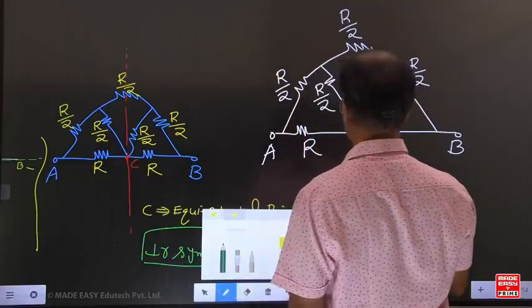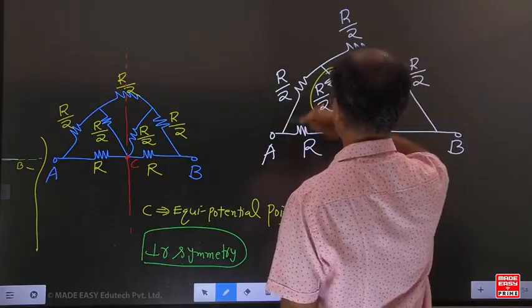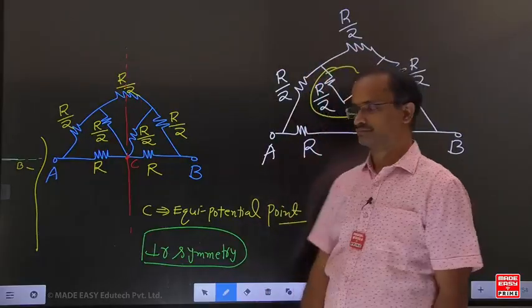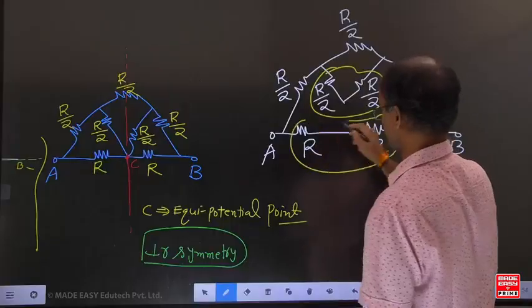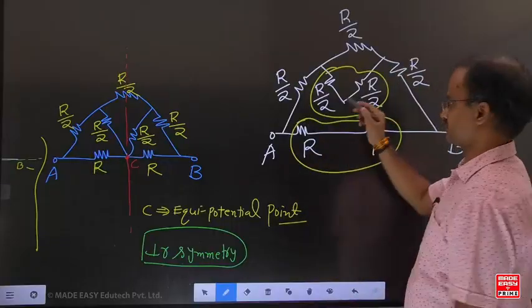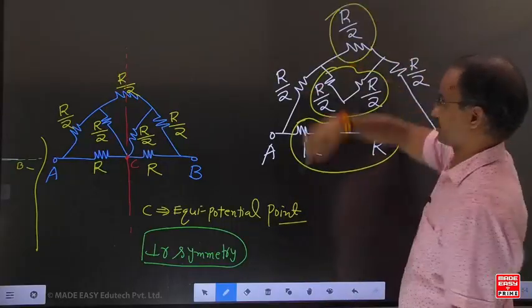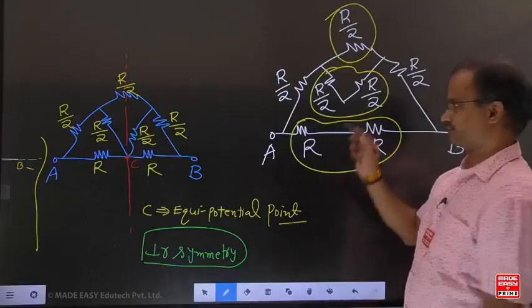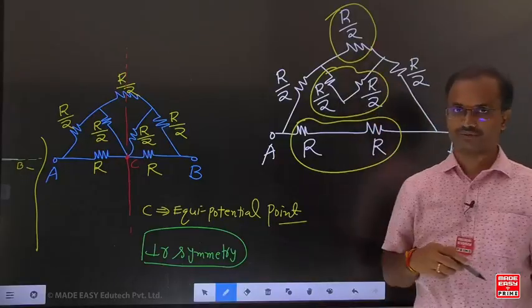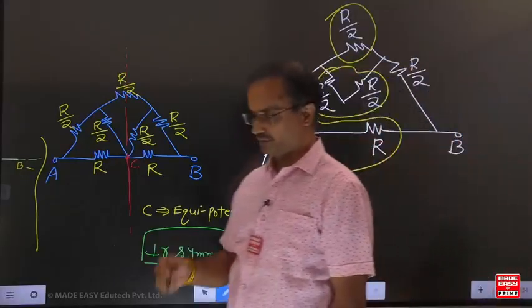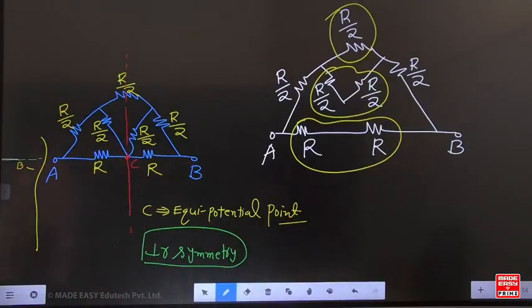R/2 and the other two, how are they connected here? Series. R and R, how are they connected here? Series. This series combination is connected parallel to R/2. Now simplify. Find the equivalent resistance with respect to A and B.